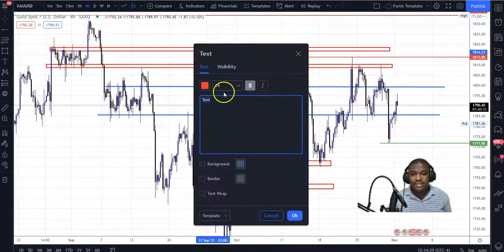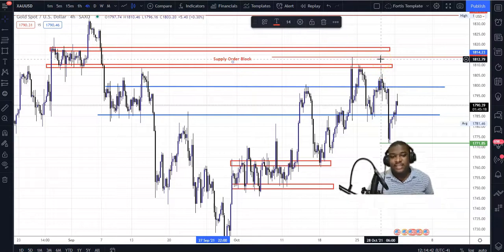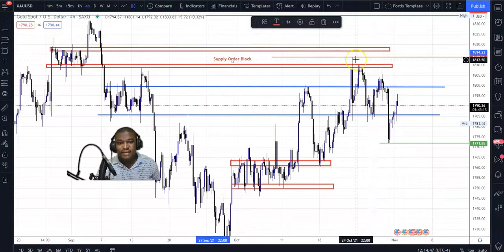So let me add that text. That entire region. So in this zone, everyone, for the market price of gold to truly say that it's going to continue on its bullish momentum, you would have to take out this entire order block region.